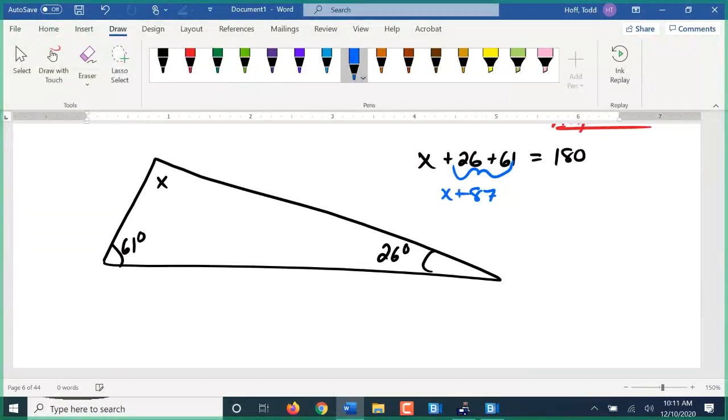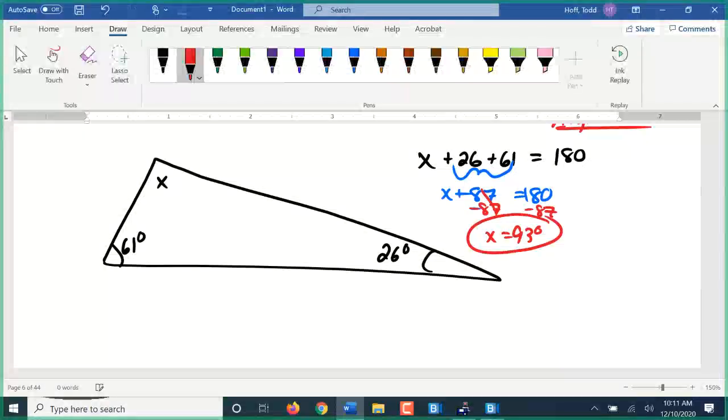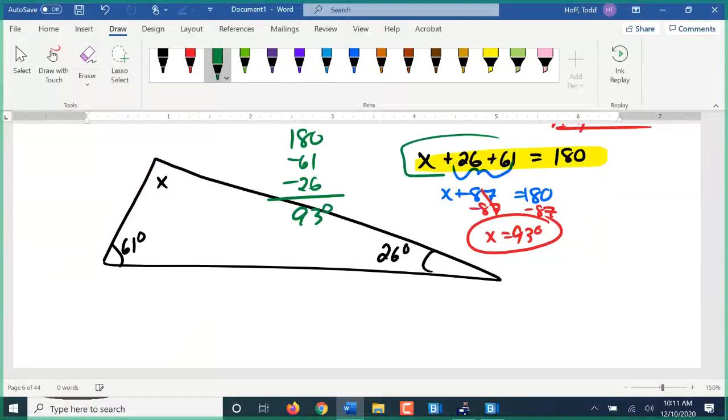So x plus 87 equals 180. And I subtract 87. X equals 93 degrees. Now, I didn't have to write out the formal equation. I could have just taken 180 degrees, subtract 61, and subtract 26, get the 93 degrees. But I wanted to show you that angle sum relationship there.